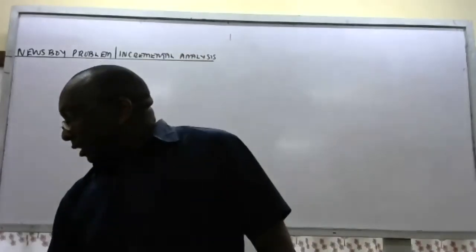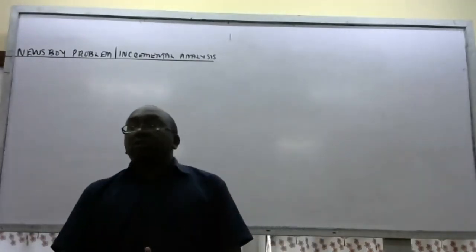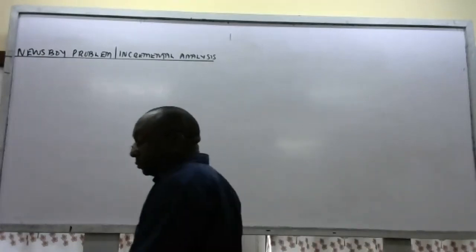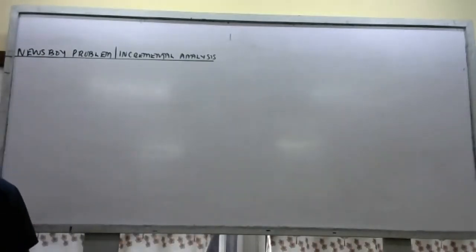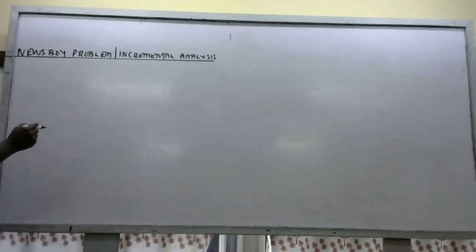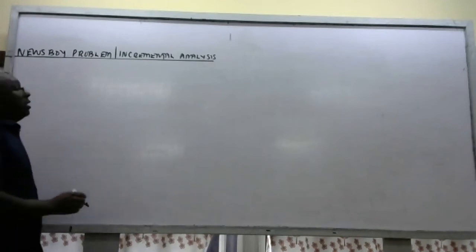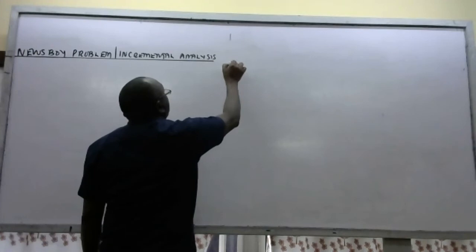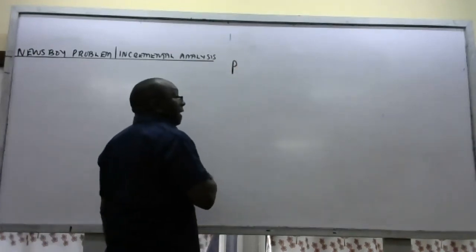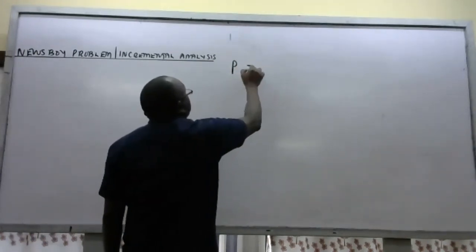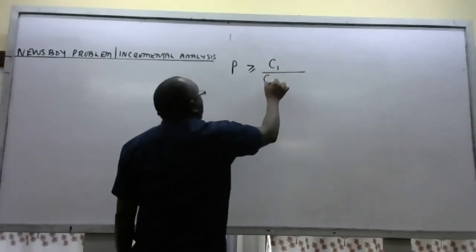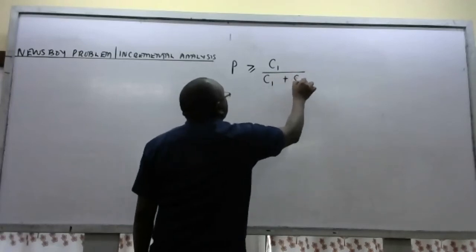Then down there we write that according to this method, an extra unit should only be ordered for as long as P is greater than or equal to C1 out of C1 plus C2.